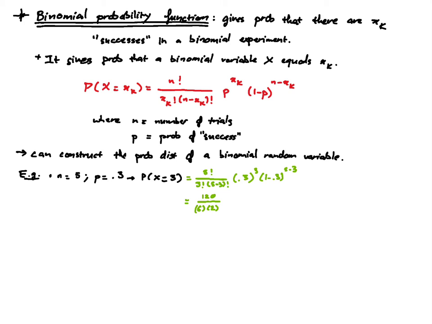Then 0.3 cubed gives you 0.027, and then 1 minus 0.3 to the 5 minus 3, which is to the second power, is 0.7 squared. So we have 120 divided by 12, which gives you 10, times 0.027 times 0.49.